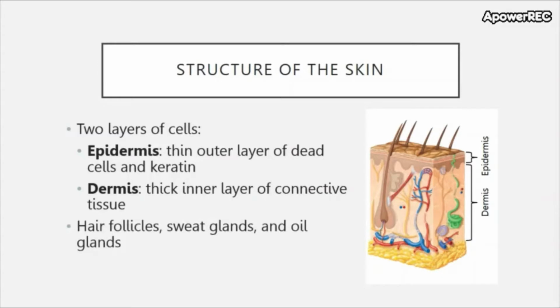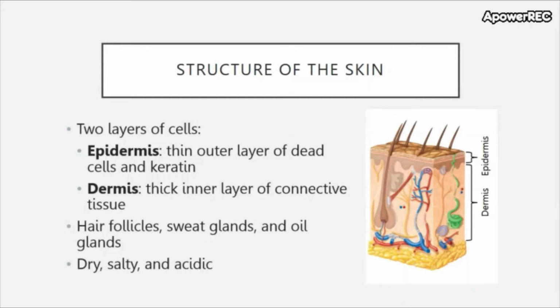Existing in these two layers are hair follicles, sweat glands, and oil glands that you see in the right image. These glands can be responsible for creating acidic and oily conditions, as well as releasing salt.